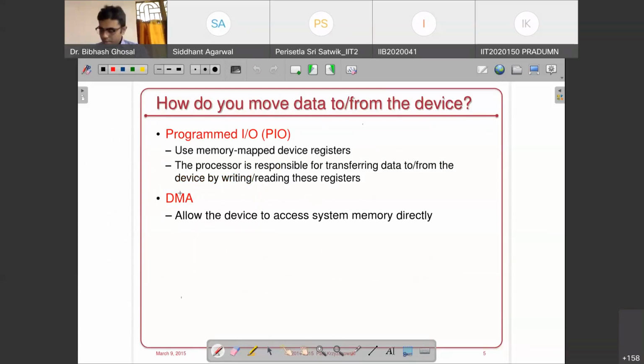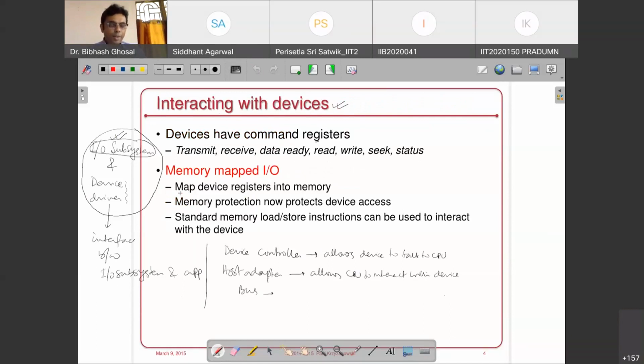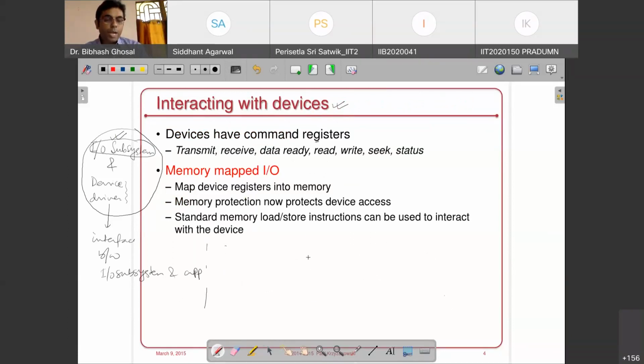We saw that if we summarize what exactly happens inside any device, whatever device you are talking about, they consist of some internal registers through which the device communication happens. So let me quickly recap. Suppose this is a monitor.